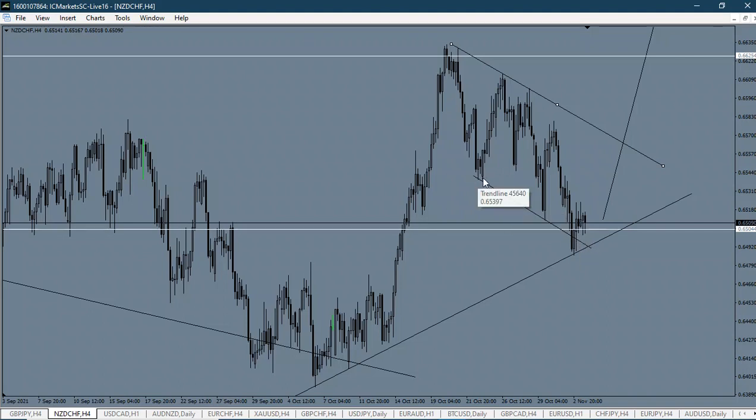We can see we had our first touch here, our second touch, and people were trapped on the wrong side right here. So whenever I see the violation of our third touch, I know I'm expecting to see a break of our trend line on the upside.